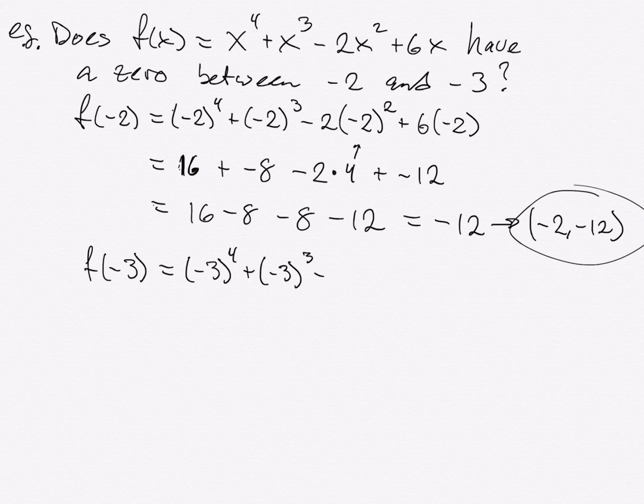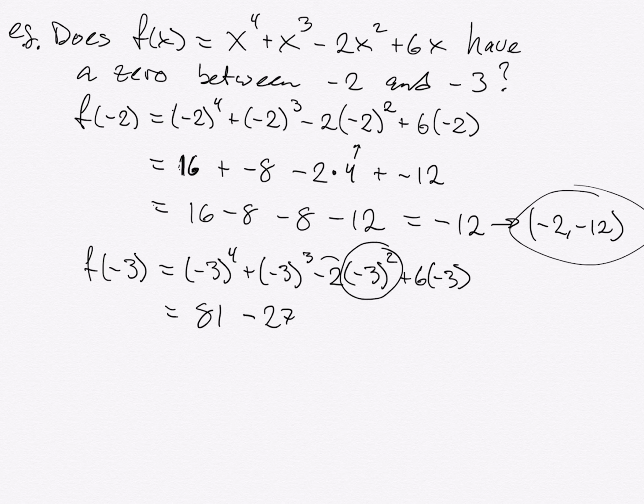-3 to the third power minus 2 times -3 squared plus 6 times -3. All right, -3 to the fourth power is positive 81. This turns out to be adding a -27, so I'm going to write it as -27. This is 9 times -2 makes -18, so I will write -18.